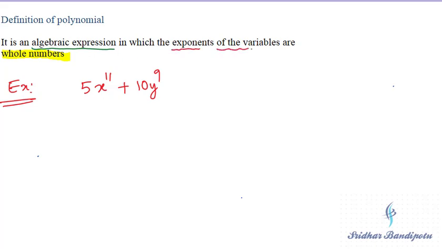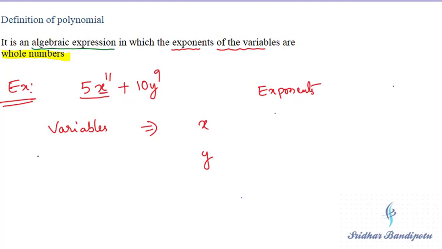Exponents of the variables. Do we have variables here? Yes, variables are there. How many variables are there? Variables are x and y, two variables. Now, exponents of the variables are whole numbers. Let's write the exponents of these variables. Here if you see the first term, 5 is the coefficient of x to the power of 11, x is base, 11 is exponent of x.